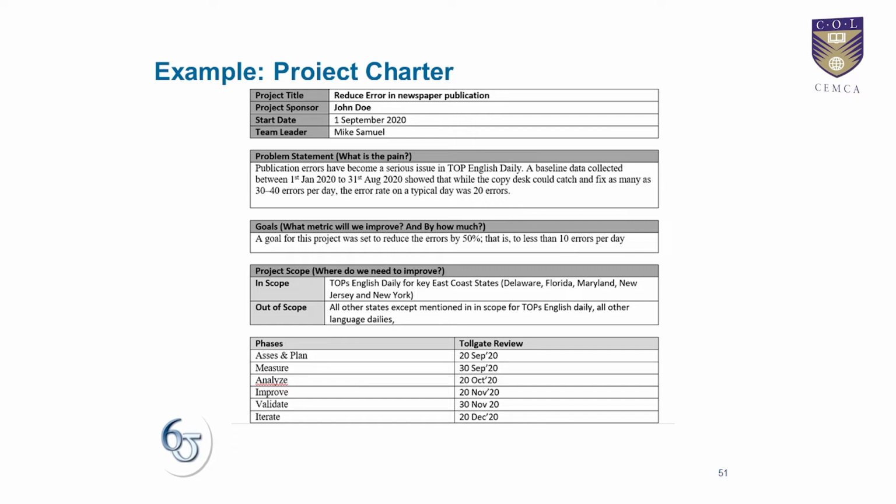Most of the time people make a cardinal mistake of writing a statement like this: anything which is not written in the in scope is out of scope of this process. And that's where the problem happens, because we cannot say that anything that is not in the scope is out. So we have to be very, very specific when we write about what is not in the scope, as there have been multiple issues.